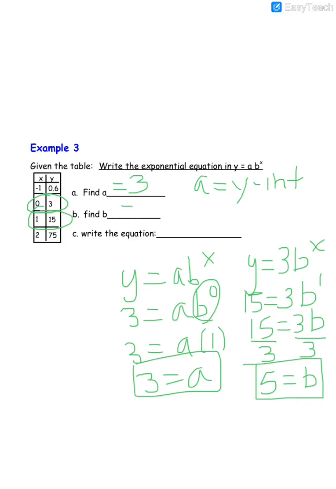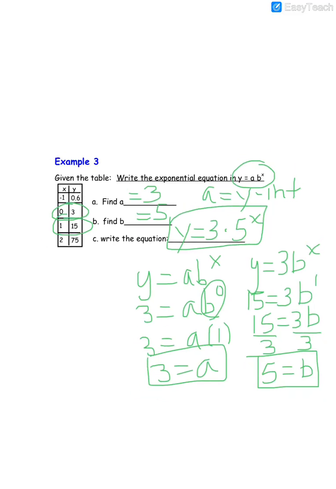So that's my b equals 5. Now that I know this, I can write, here's my generic formula. So y equals, I know that a is 3. I know that the base is 5 to the x power. And that's how I write the exponential function. And I can even put the base, if I wanted to, in parentheses, like that. Sometimes I write it like that.